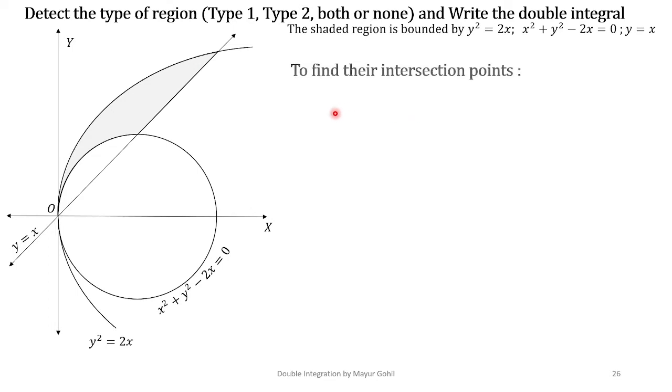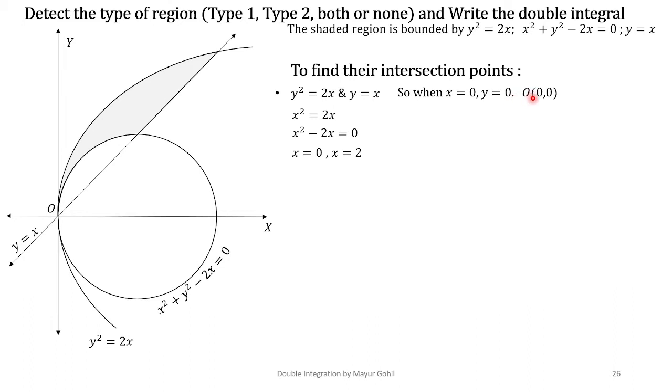So let us first find the intersection point when parabola and straight line intersect. When parabola and straight line intersect, put y equals to x in the equation of parabola. You get a quadratic x square minus 2x equals to 0. On simplification, you get x equals to 0 and x equals to 2. When x is equals to 0, you plug this value in the equation of the straight line.